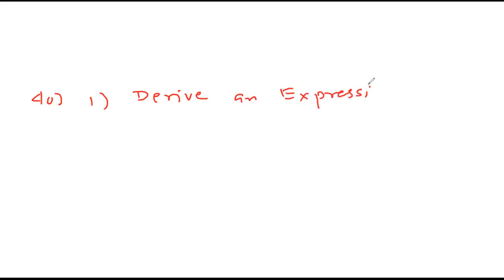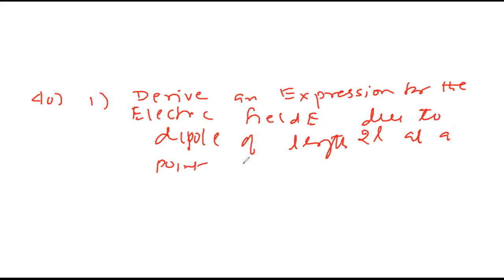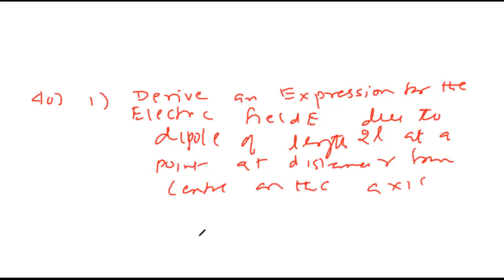Derive an expression for the electric field E due to a dipole of length 2l at a point at distance r from the center on the axis. This we have already done. You can do it on your own now after referring to the notes.